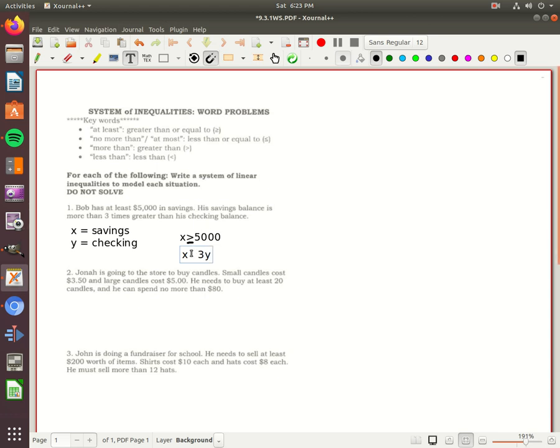So we're saying that this is more than 3 times this. So we're going to put the greater than sign again. So we've dealt with these two inequalities here: X is greater than or equal to 5,000 and X is greater than 3Y. I hope you understand why.